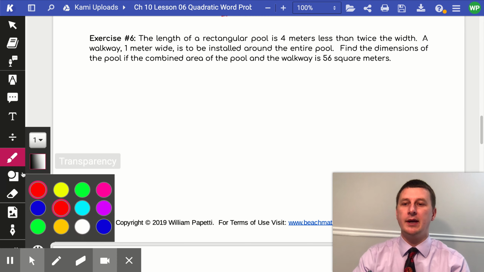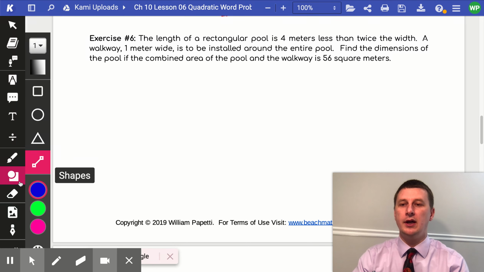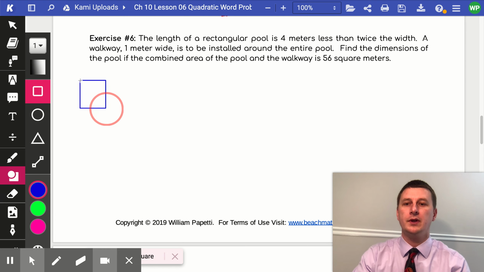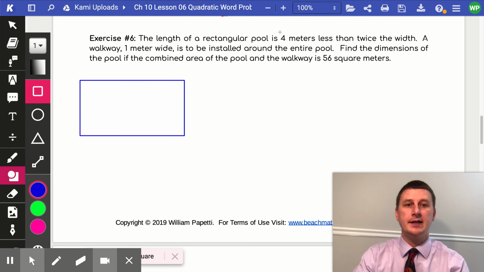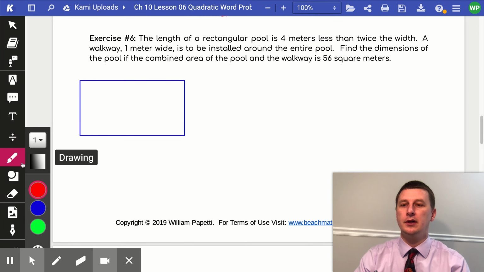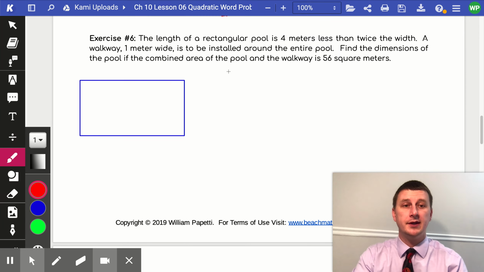So the first thing that we want to do is let's draw a picture to represent this pool. So we have a rectangular pool, and we know that the length is 4 meters less than twice the width. So we could set up an equation to represent our length and our width here.